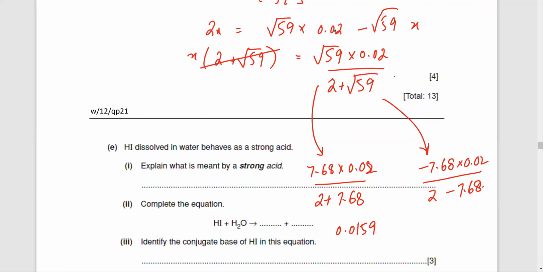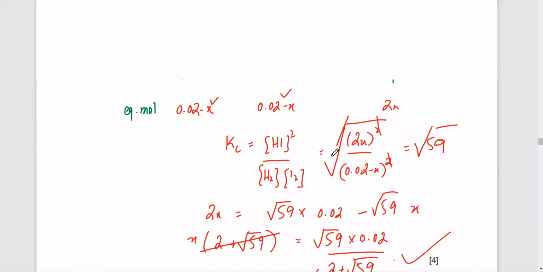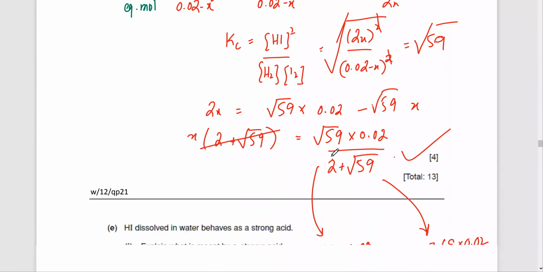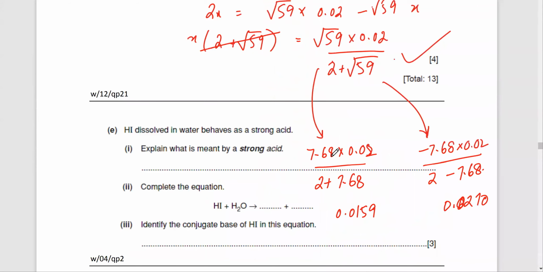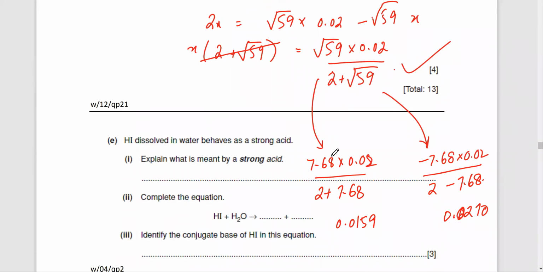And for the second one, 0.0270. I hope I've actually done the working correctly. So it's 0.0159 and 0.0270.